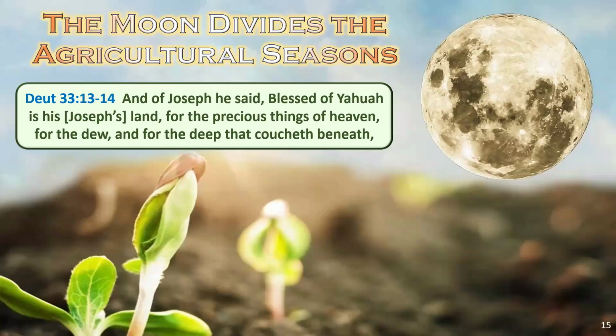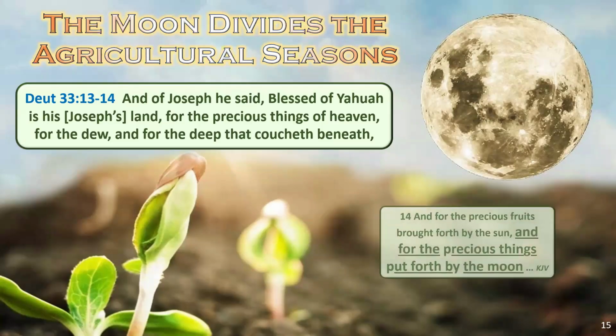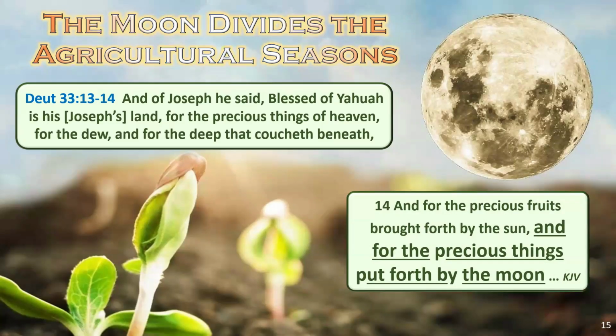The agricultural seasons, the Moedim, there are agricultural Moedim. In Deuteronomy 33:13-14, this is the Torah verse: And of Joseph he said, Blessed of Yahuwah is Joseph's land, for the precious things of heaven, for the dew, and for the deep that coucheth beneath.